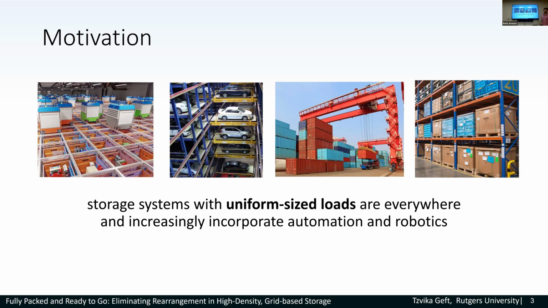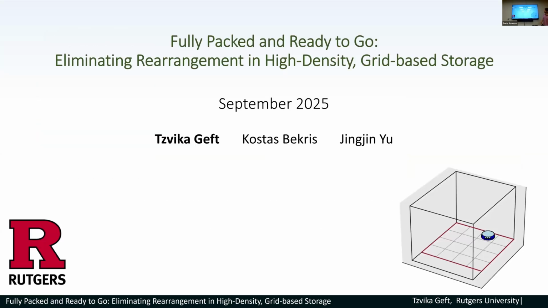And these are increasingly incorporating automation solutions. So you don't want to do these things yourself when you retrieve or store something. You want some system to help you do that. So there's lots of examples here, from automated parking to container terminals with cranes that do a lot of this job for us.